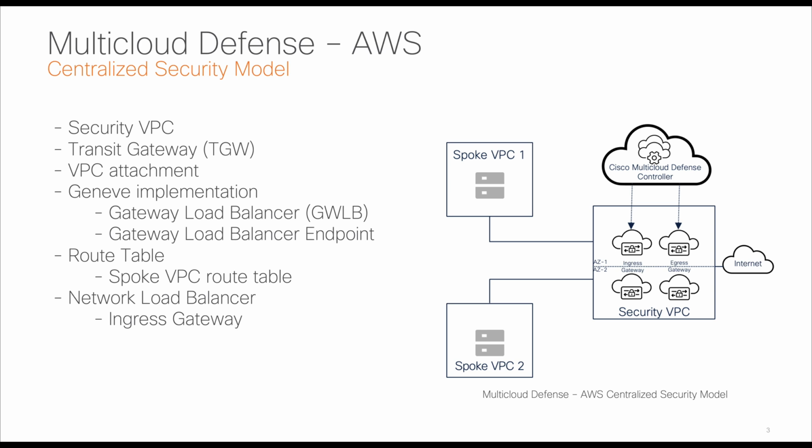You will have less focus on how will I configure gateway load balancer, how will I configure Geneve, how will I configure route table, how will I configure network load balancer, because all the non-operational work is handled for you, and you can focus on having the right security model. You can focus on having the right security policy for your infrastructure rather than worrying about the entire underlying cloud network.